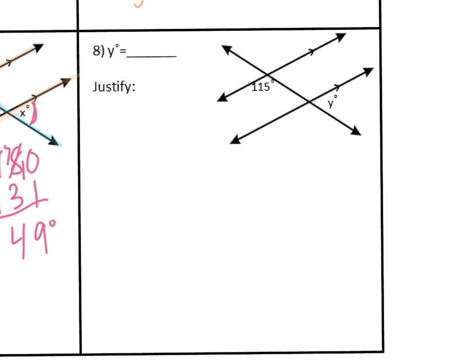For my next example, there's no specific name. You're just going to have to go through a couple steps to figure out what the angle measure is. So if I look at this, I see 115 here. Well, by using alternate interior angles, I know this angle is also 115 degrees as well.